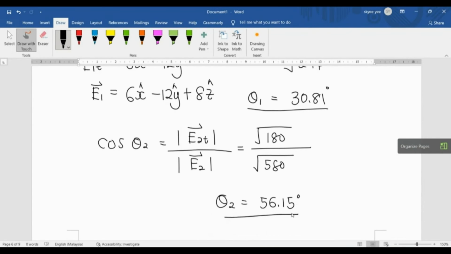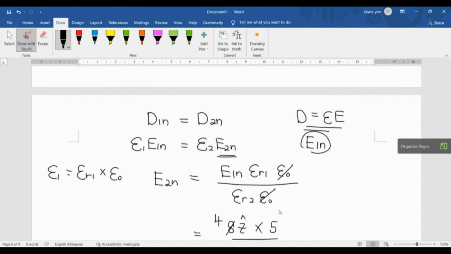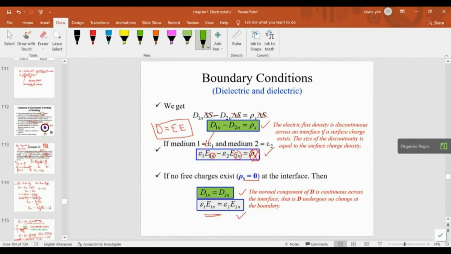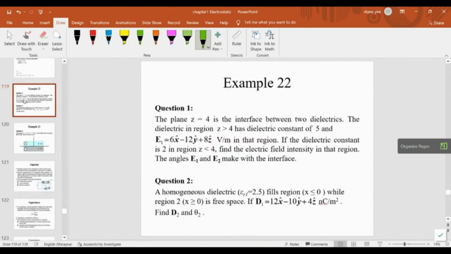So this one is my theta 2. I hope you get the same. So this is the angle. We have completed this question. Is the answer given? Okay, answer not given.